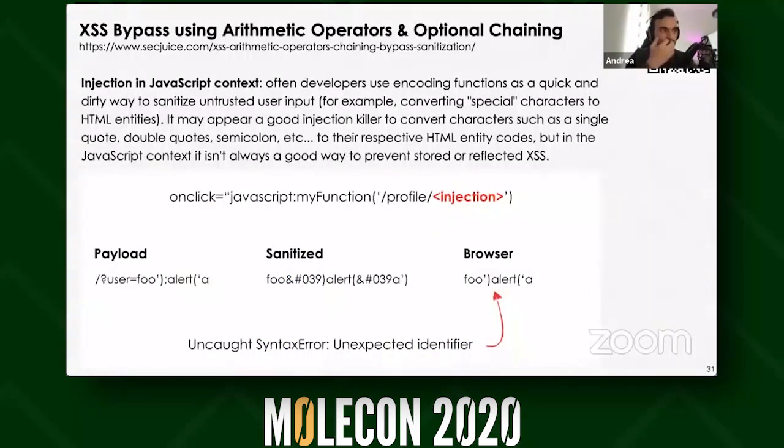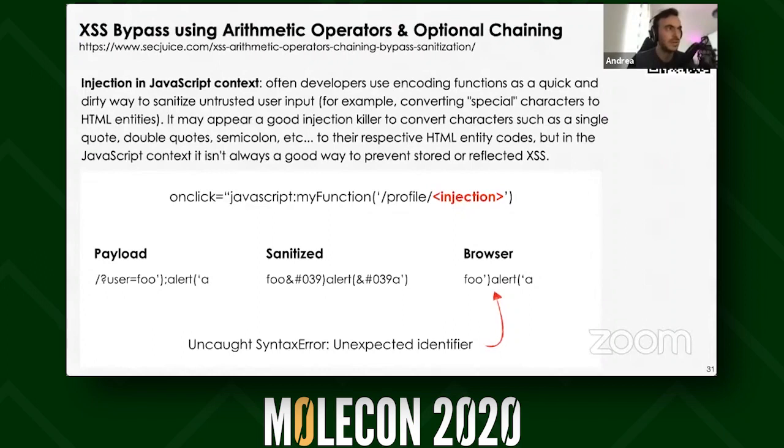Okay, I don't know how many of you are penetration testers, but it often happens to me to see customers that patch their cross-site scripting vulnerable code by removing some character from the user input.